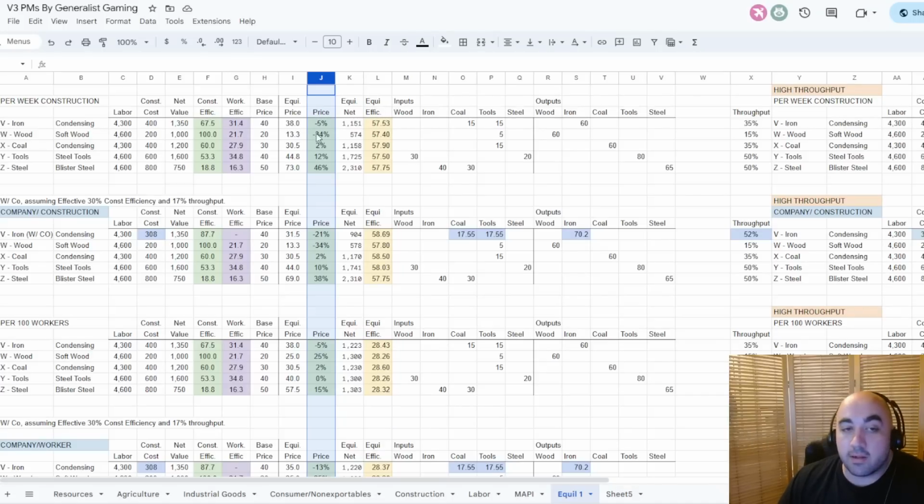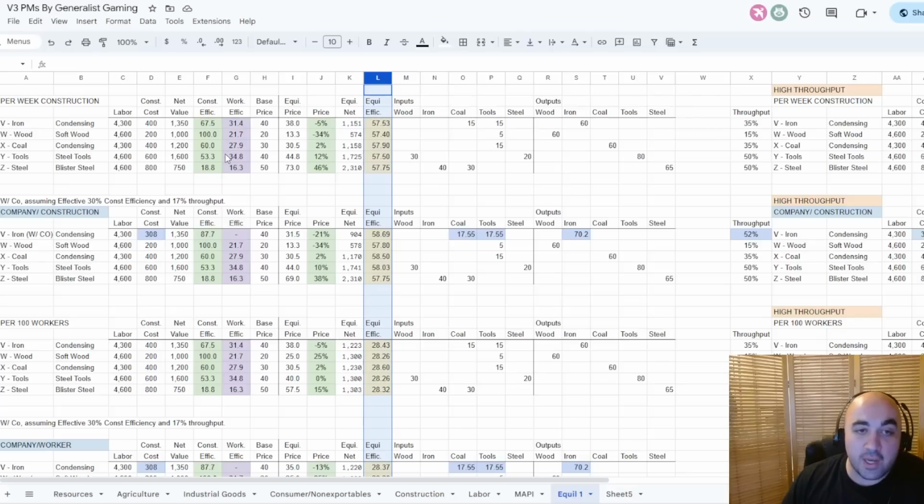So in this theoretical economy we have here, the iron is at minus 5%, the wood is at minus 34%, because this is an equilibrium based on construction costs, where we're dividing the equilibrium net right here. You can see this is the equilibrium net. We're dividing this by the construction cost such that our equilibrium efficiency will all be equal on all of these.